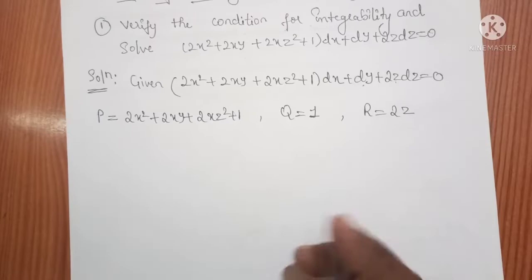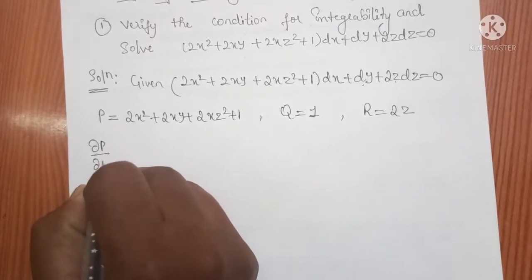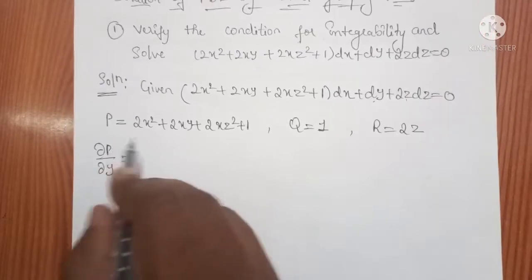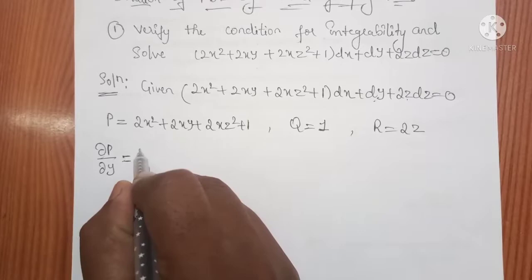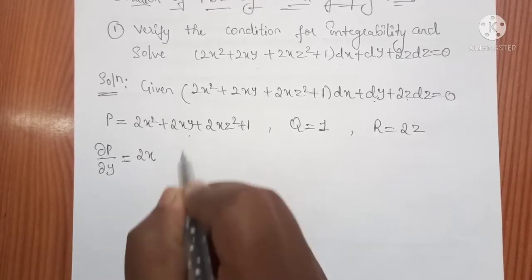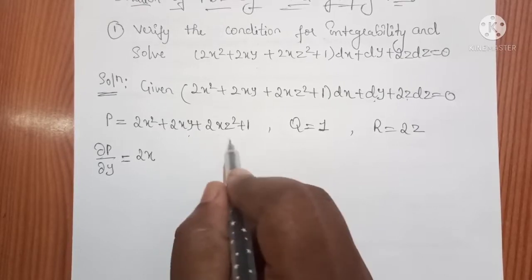Now differentiating p with respect to y, that is ∂p/∂y, we get 2x, since 2x is constant and the differentiation of y is 1, and the other terms are treated as constant.